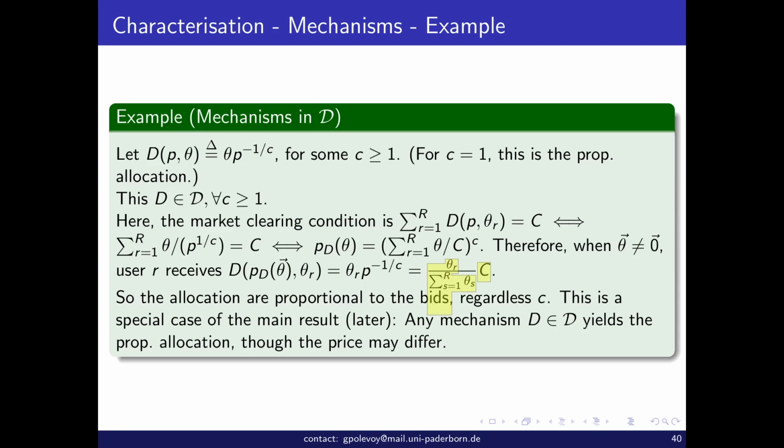We call only our allocation proportional, but actually any allocation in this calligraphic D returns this proportion. Since simply our allocation makes you pay what you bid, or in other words, it makes you pay what you get times the price.